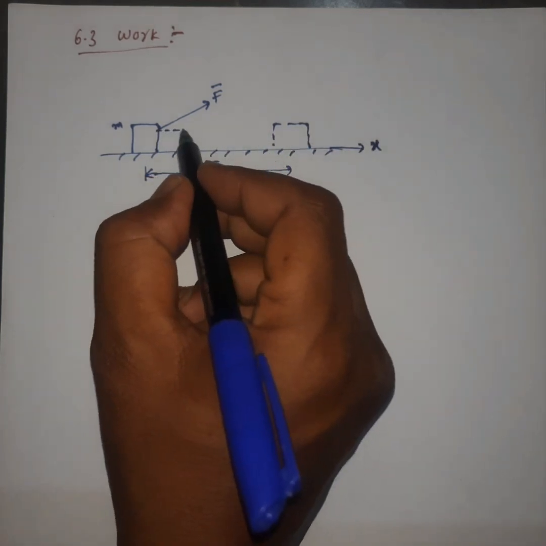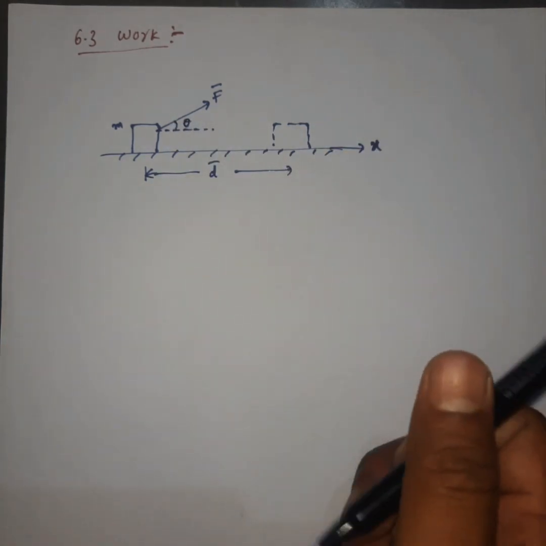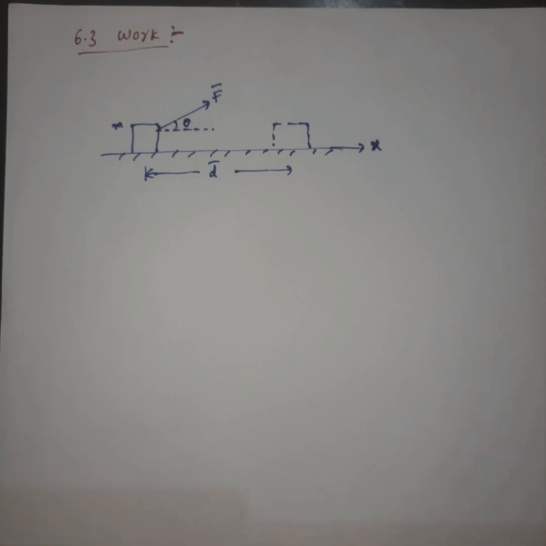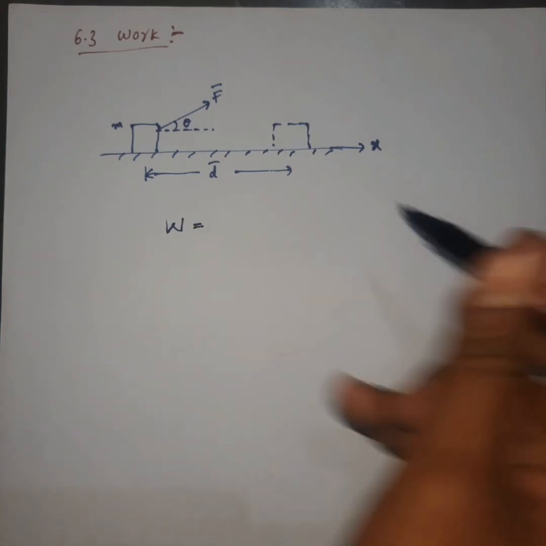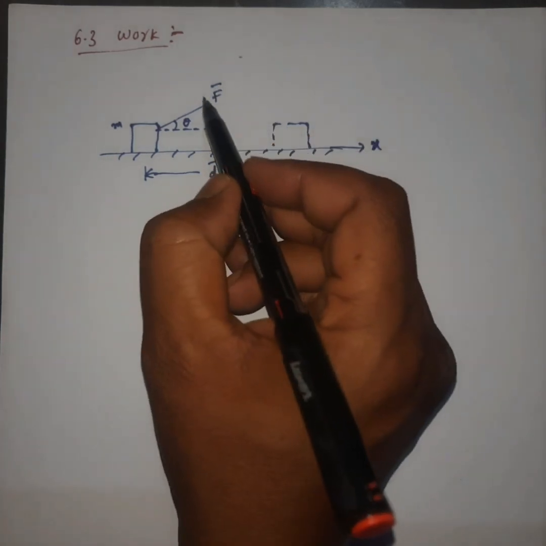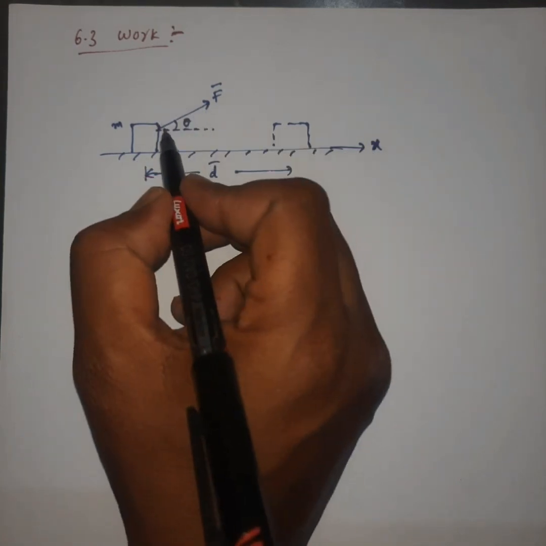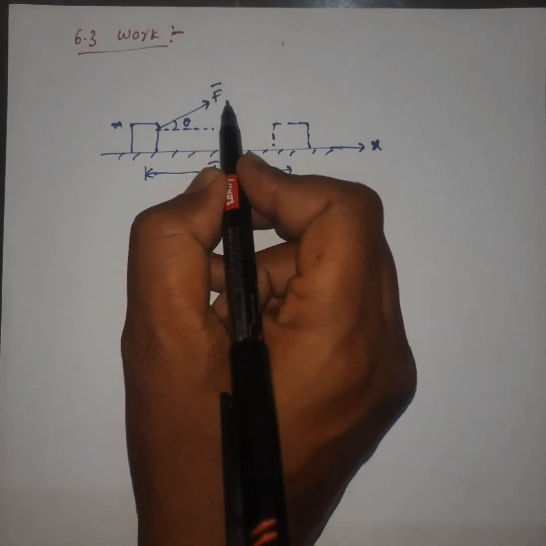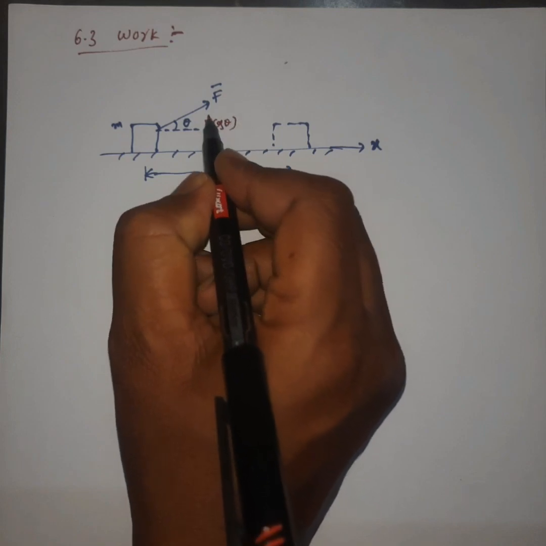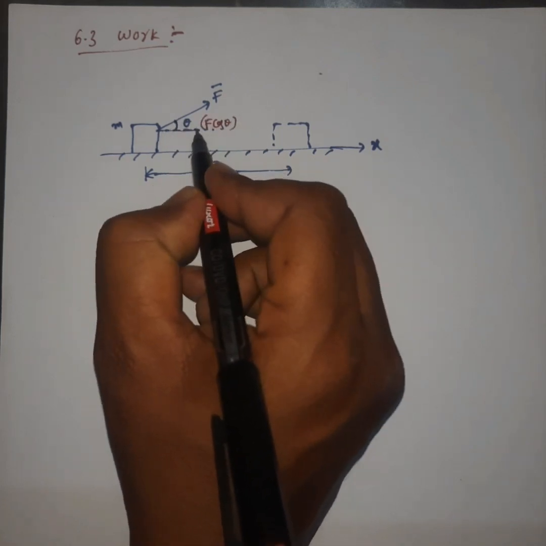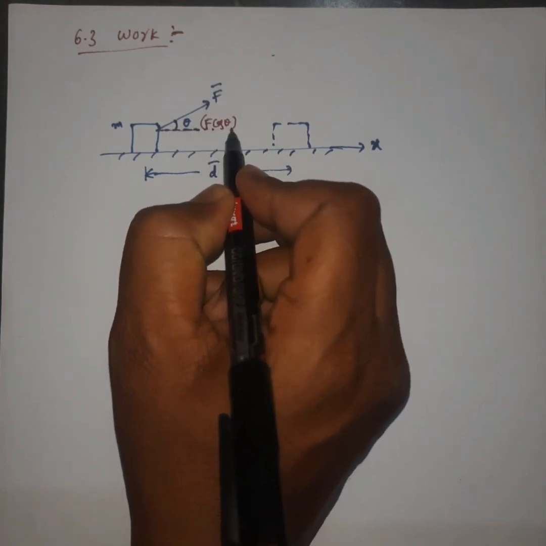Here the angle is theta. So how can we define work done? Work done W is equal to, if I resolve F bar into two components along the x-axis and the y-axis, the component of F bar along the x-axis is F cos theta, theta being on this side.